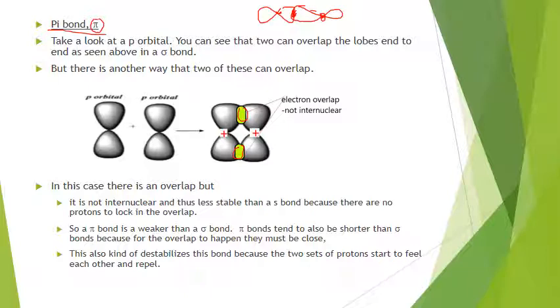So this is less stable than a sigma bond, because there's no internuclear attraction of the electrons. So a pi bond is weaker than a sigma bond. They also tend to be shorter because of the way it's arranged here.